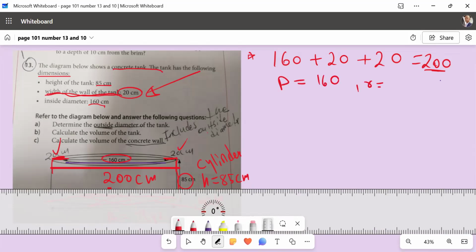But if we want to get the radius, we take half of 160. Then we're going to get the radius there, which is actually what? Grab your calculator and say 160 divided by 2 and write that number down.